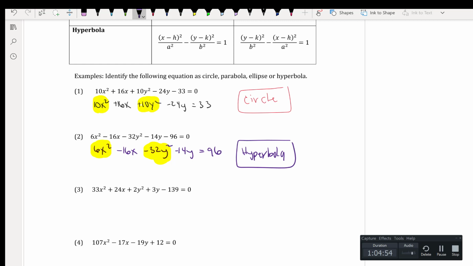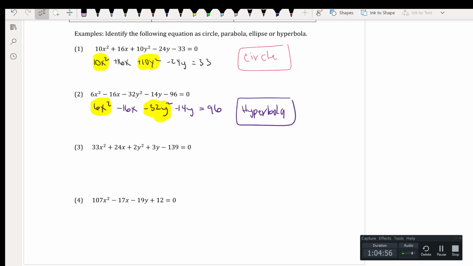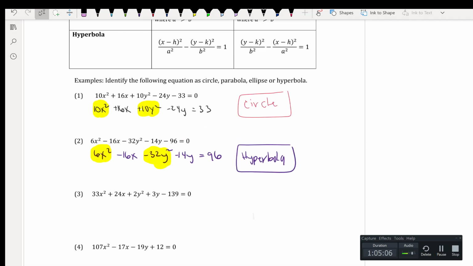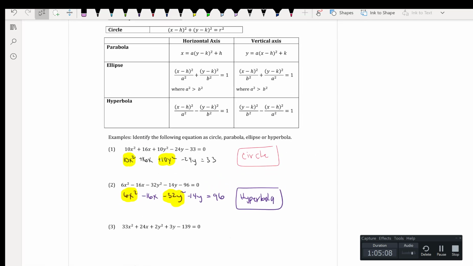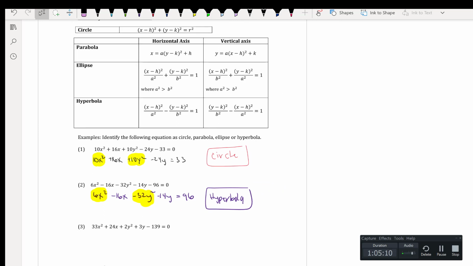Okay. And then, for the next one, I have this 33x squared plus 24x plus 2y squared plus 3y is equal to a negative 139. So my options are circle, hyperbola, ellipse, and parabola.